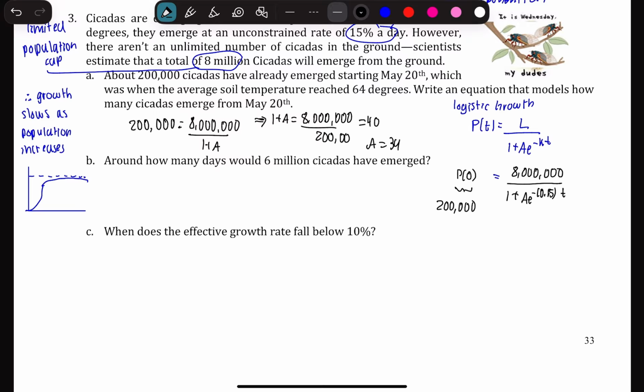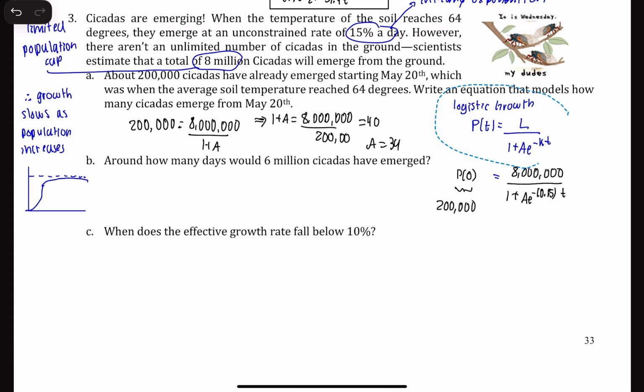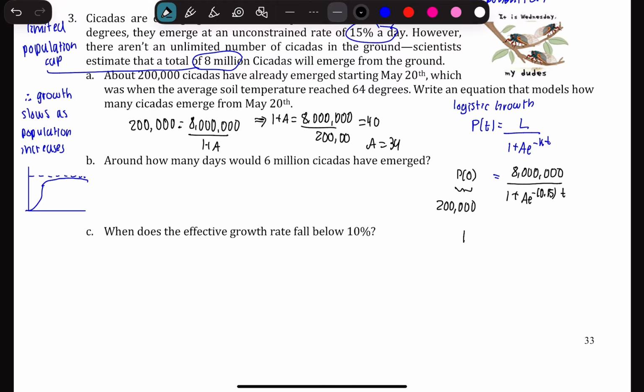So now we can write our entire expression: P of t is equal to 8 million divided by 1 plus 39 times e to the negative 0.15t. And that's it for part A.